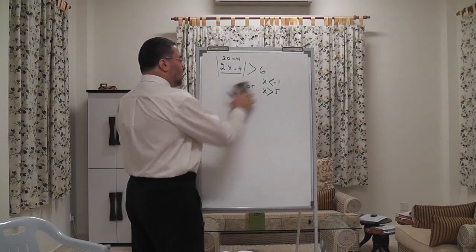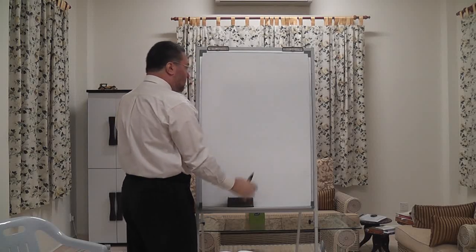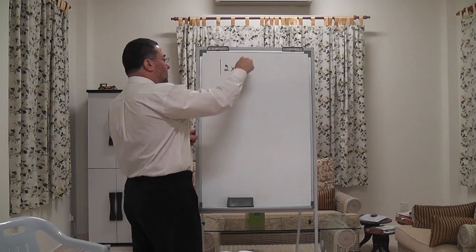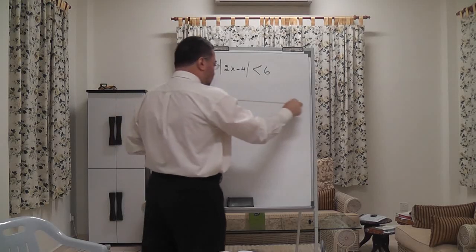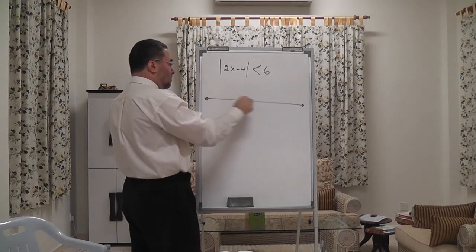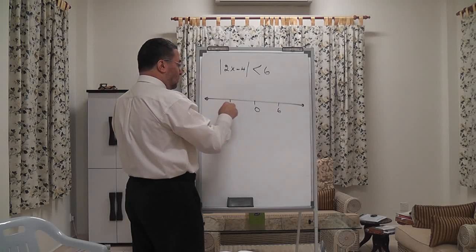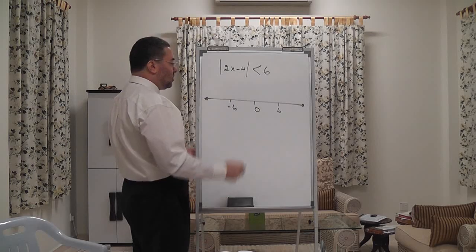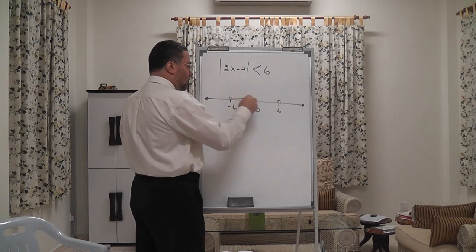Now we have a second situation, and that's 2x minus 4 less than 6. Here our number is less than 6 units away from 0, and that will be in this region.